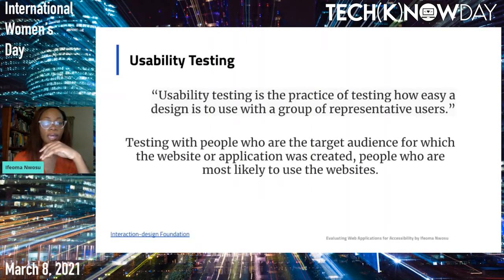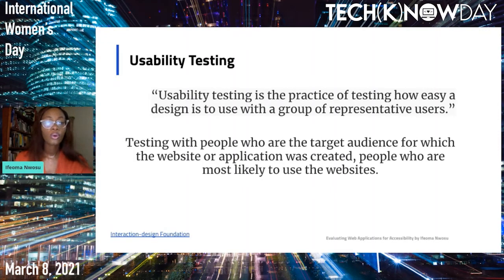So you have to find participants. When doing usability testing, it's very important to include people with disabilities, people with impairments, in the testing group. That way, you'll be able to watch how they interact with the website and the application. And when doing that, there are several things you can look out for.